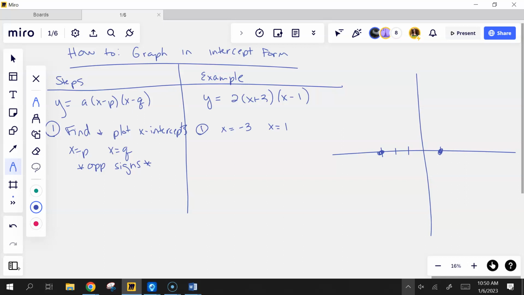What part of the vertex? The x part of the vertex, which is also the what? Axis of symmetry. That's right. So I'm going to say find the axis of symmetry, which is also the x part of the vertex. How do I find that?